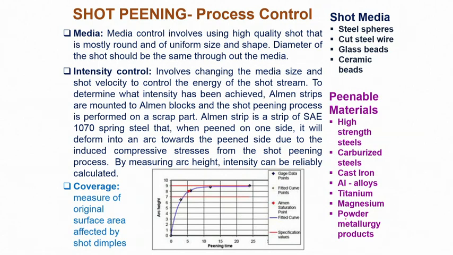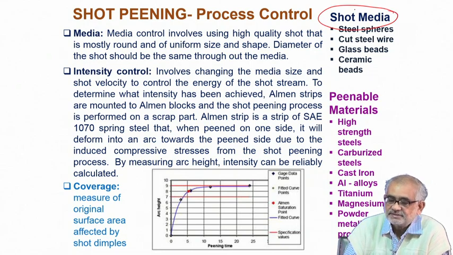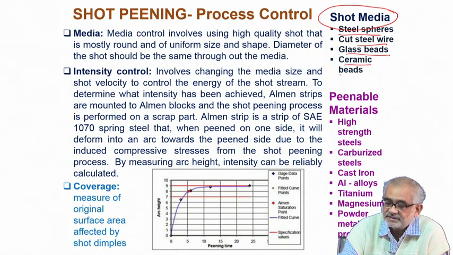Now, what are the various media that we can use for such impact making? We can use spheres made of hardened steel. We can use cut wires of steels of high aspect ratio. We can use glass beads, which have a very high elastic modulus. We can even use ceramic beads, which can have even higher modulus.